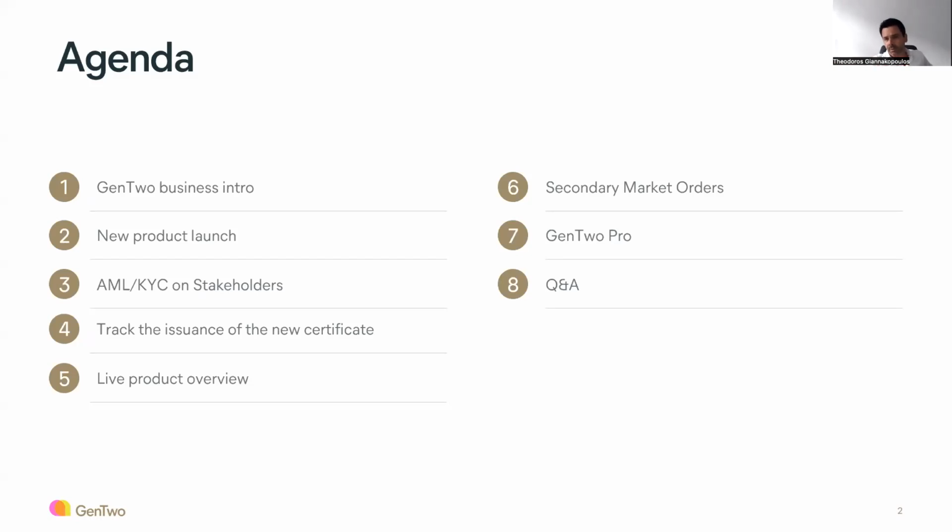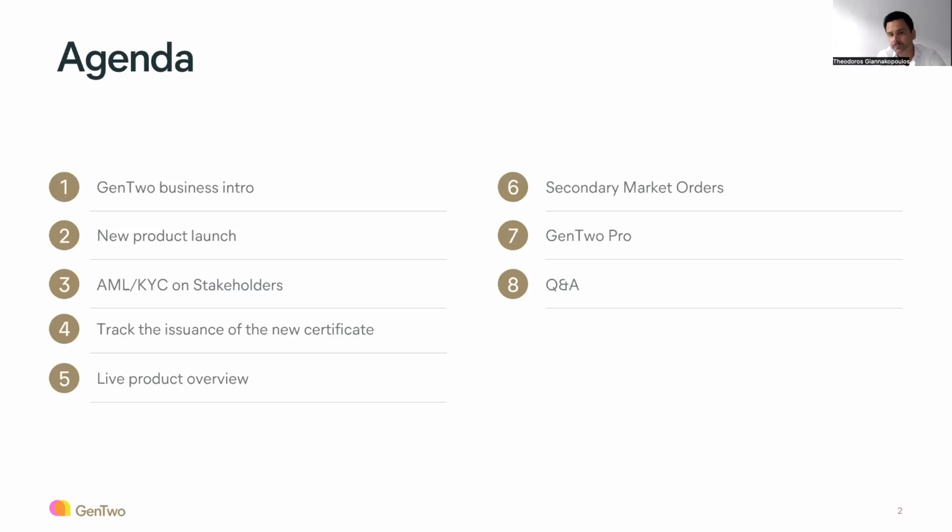So we go from the product launch. We would review some of the most important steps that somebody has to fill in when a new product is created. Then following that, we will go briefly through the AML KYC of, in this particular case, a trader for the product. Obviously, this process is more or less the same for all the counterparties related to a new product.